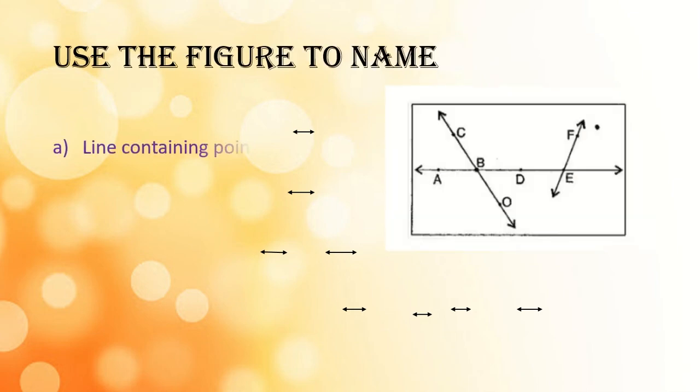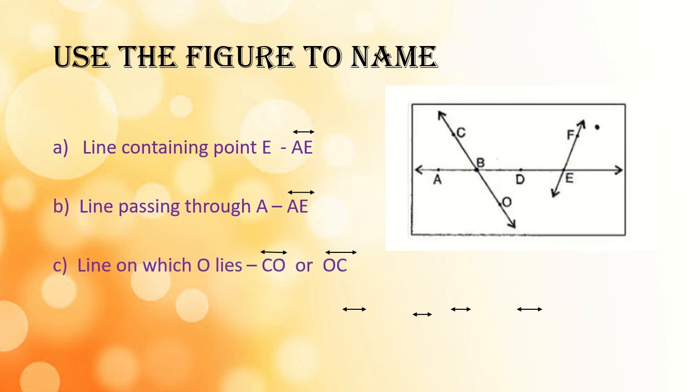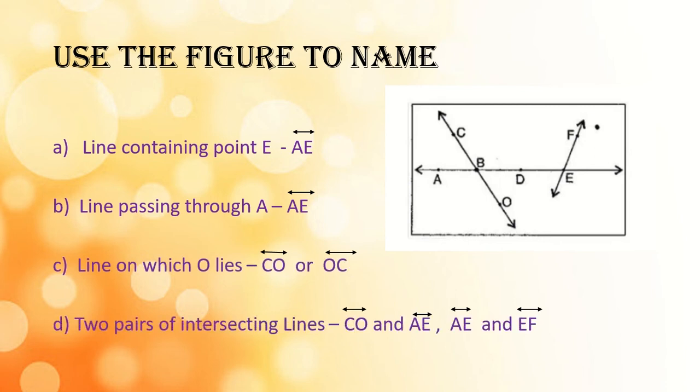Now next one is: use the figure to name. There are a few questions. Now cross check this from the figure. In this figure you have to write a line containing point E. Line means both the points should be moving.